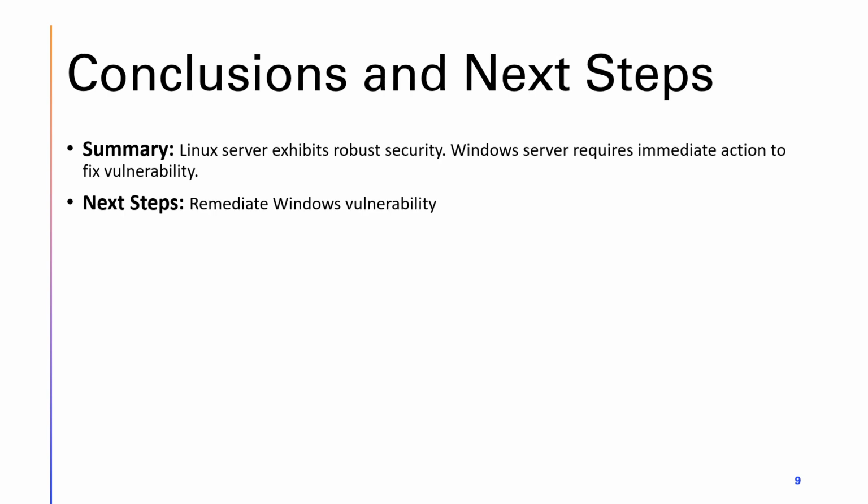Now, the conclusion and next steps. Linux server exhibits robust security. Windows Server requires immediate action to fix the vulnerability. The next step would be to remediate the Windows vulnerability. As you can see from two slides ago, there are details on exactly how we're going to do that. But of course, with all technology, it's important to understand that things change.